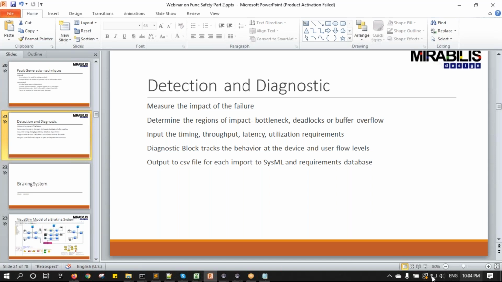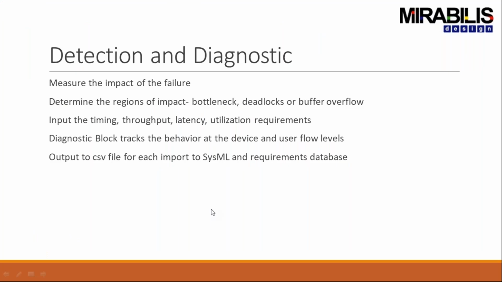It talks about if failures happened at any of the submodules or in any part of our design, we will capture that information immediately and it is written to the file. We also have a diagnostic block which monitors each and every block and records their status. So if packets are getting dropped, or utilization goes above a certain limit, or if you want to check how many packets have a response time within a certain value sector, all these things will be captured and reported back to the user.